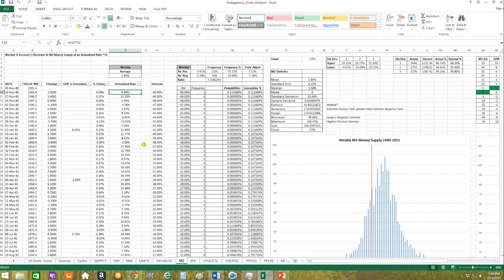This method can also be applied in broader economics to look at economic data and analyze economic data. And by taking the exact same approach, we do find some extremely interesting results.